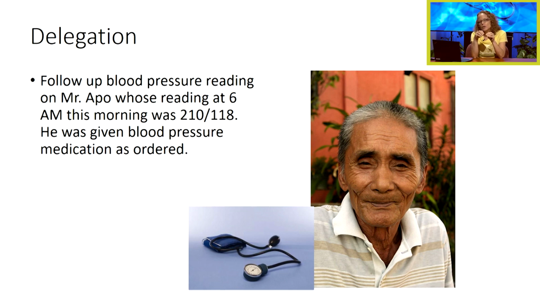But when you've got a circumstance like this where you do have an unusually high blood pressure that you have intervened upon and made clinical judgment for by giving blood pressure medication, in my experience and in my humble opinion, I think the nurse has a responsibility to go back and check that blood pressure, him or herself.